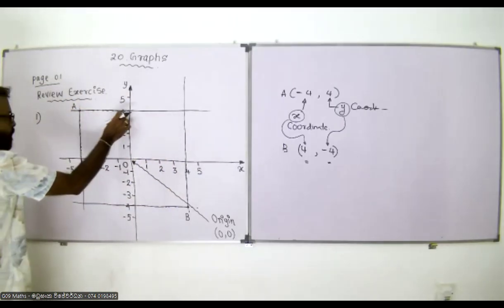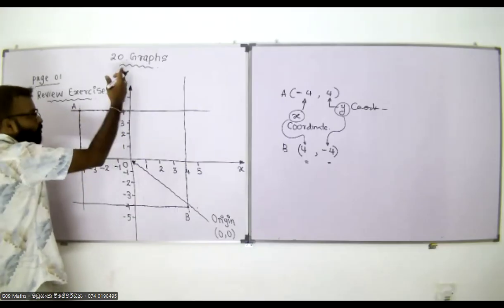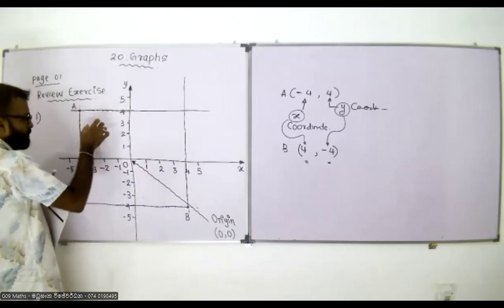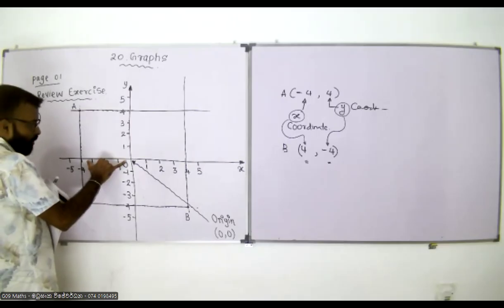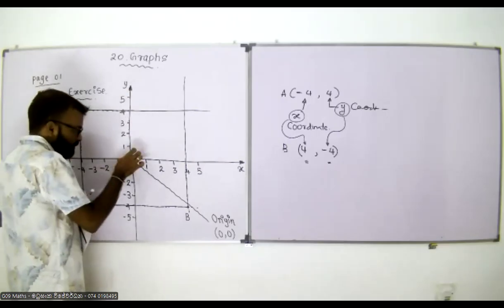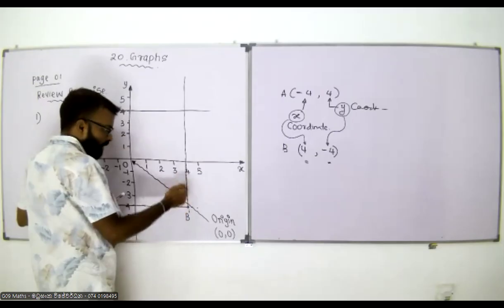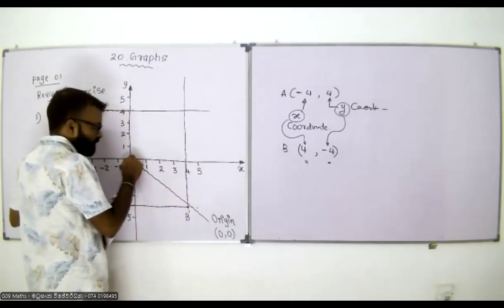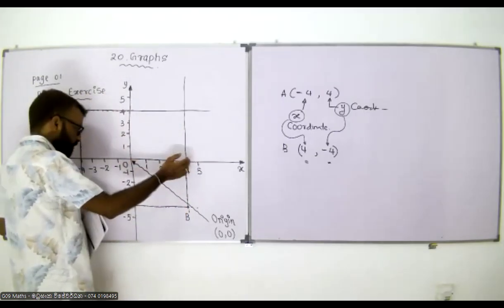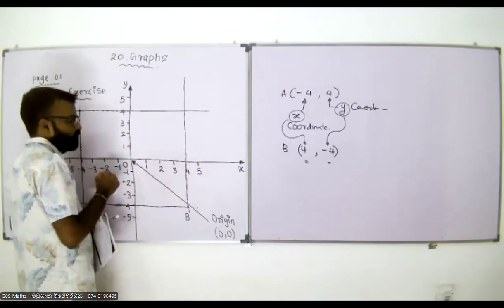From the y-axis to this line, the distance is 1, 2, 3, 4. So the total line is 8.